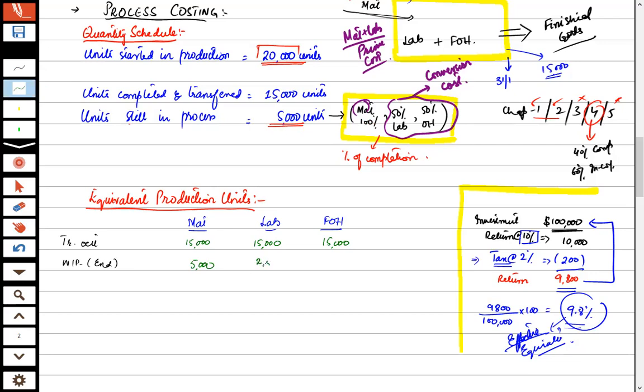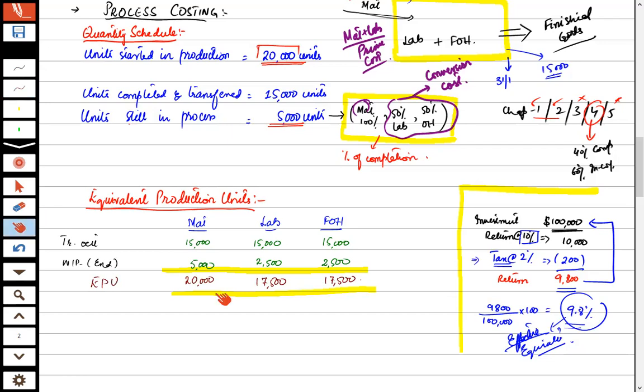So they will be applied here 2,500 and 2,500. Then we will make the total of it. The total will be 20,000, 17,500 and 17,500. This is known as EPU, equivalent production units.